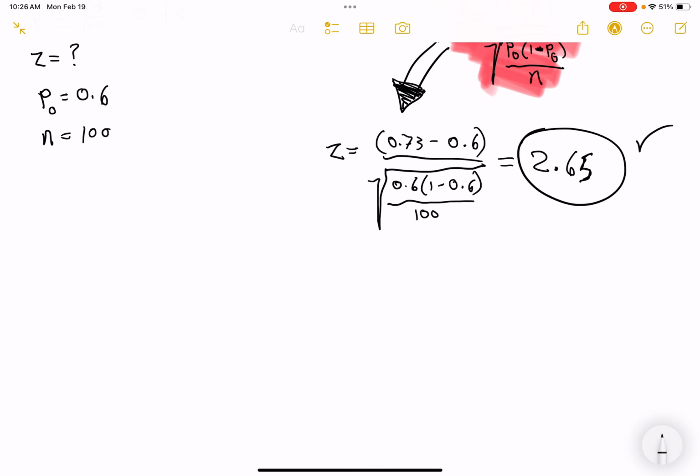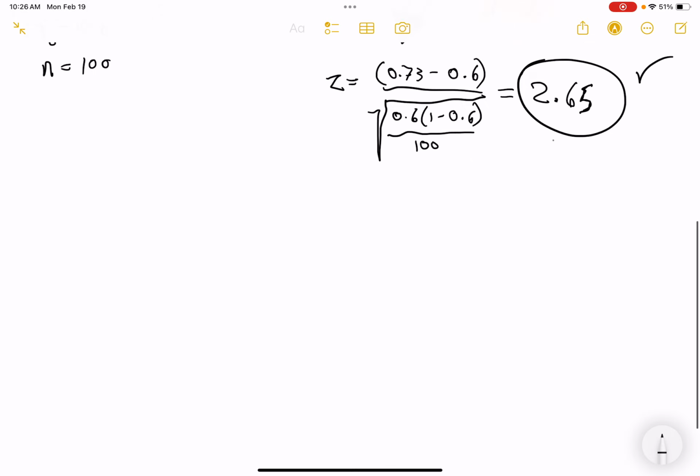Then you'll go to your z-score sheet and look it up. For a 2.65 z-score, the p-value that shows up should equal about 0.99598, and I am okay with you rounding that to the third decimal, so 0.996. That's totally fine with me.